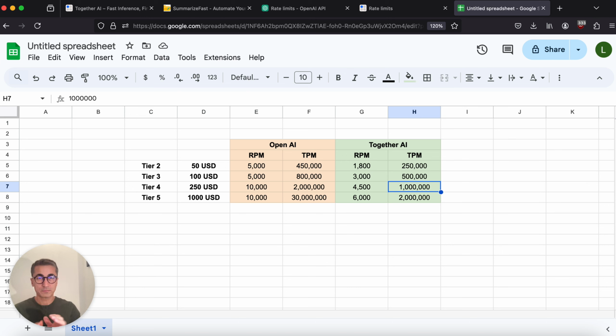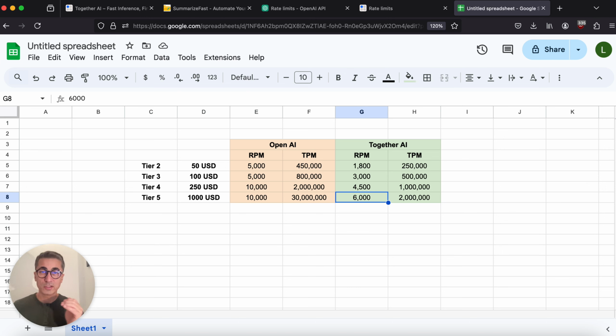And let's also have a look at tier 5 to summarize everything. Let's say that I've spent $1,000 and my request per minute limitation is 10,000 while it remains at 6,000 for TogetherAI, and it will always be the case after that. There's no tier 6, 7 or 8. Tier 5 is the biggest tier that you can be in.